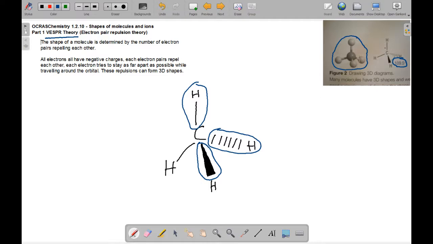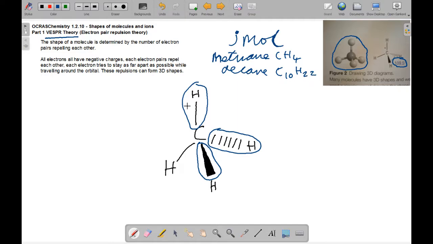So the better way is to look at this 3D model, or to look on the internet for 3D chemical viewers like JMOL, and just look up methane. In order to look at chemical databases, you need to know the chemical formula. You just type in CH4 and, for example, decane, something that you will come up with in organic chemistry.